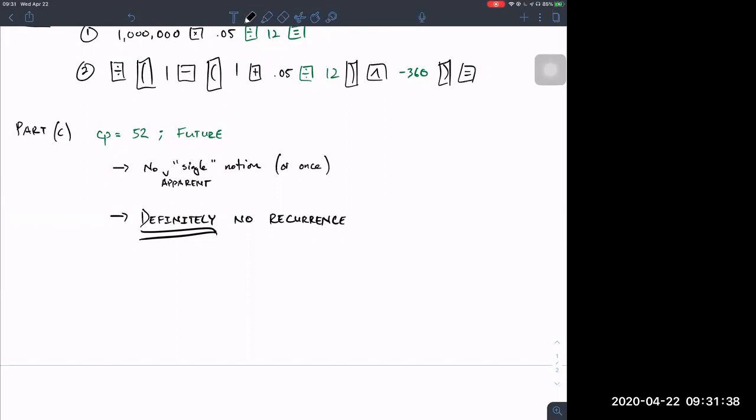I didn't say explicitly one time. However, there is zero indication that there are multiple deposits. So it's safe, at least for this class, to assume, since this is here and this is not present, we can assume this.